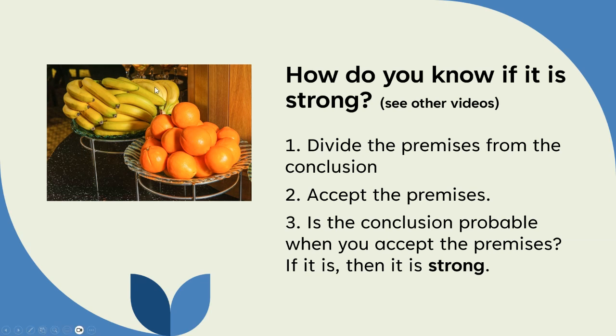Divide the oranges from the bananas, okay? Divide the premises from the conclusion, then do what? Then accept the premises and then ask yourself whether the conclusion is probable once you accept the premises. If it's probable once you accept the premises, then the argument is strong.